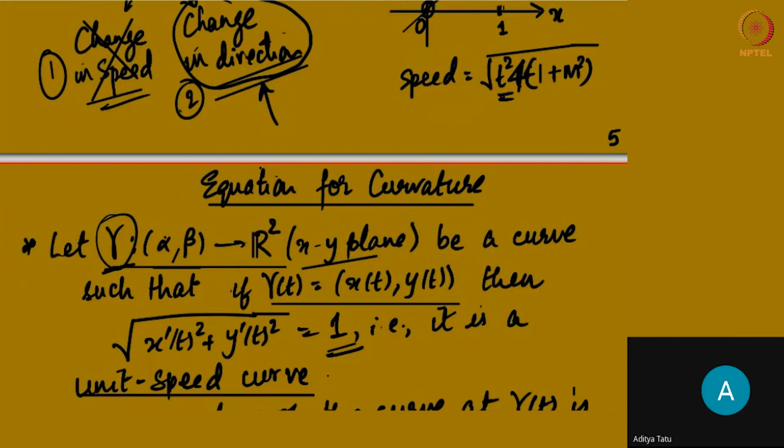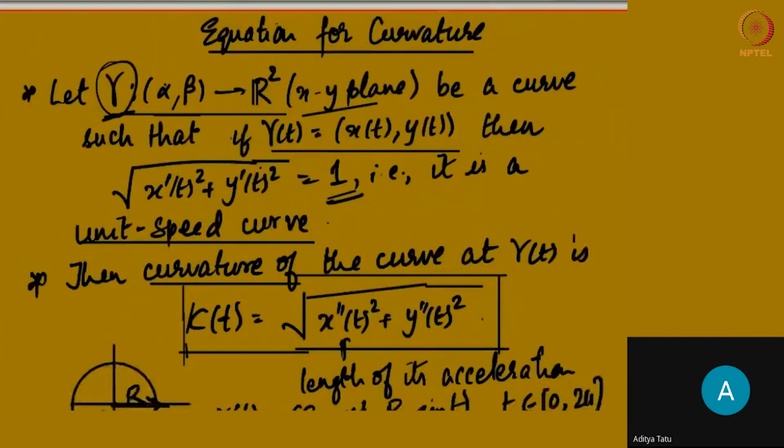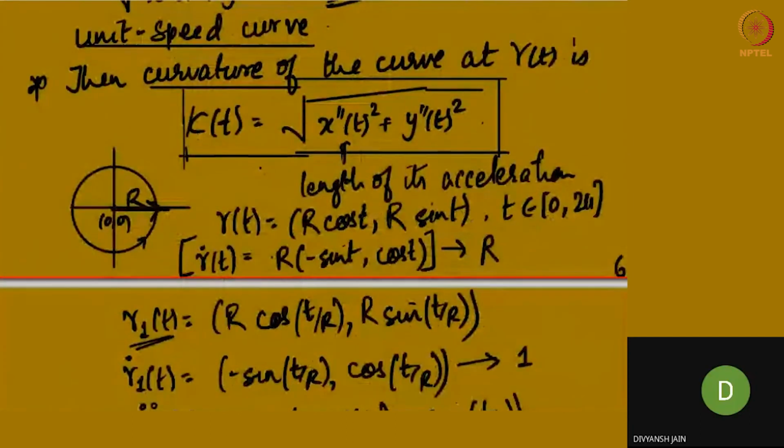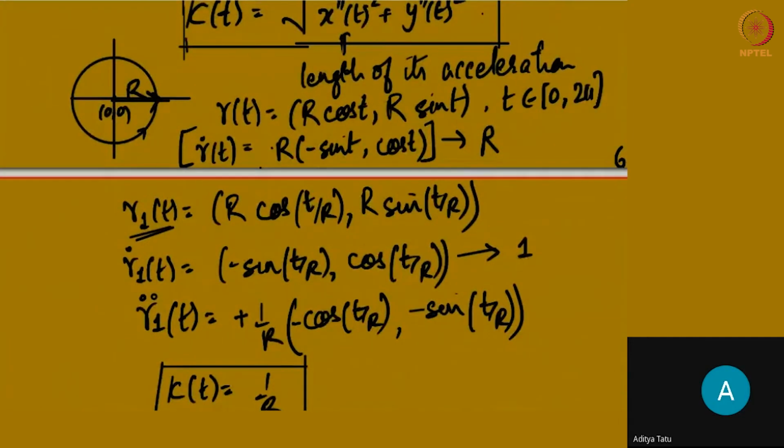Any further questions? So it means curvature is the magnitude of the double differentiation, given the constraint that the magnitude of the first derivative is 1, otherwise not.